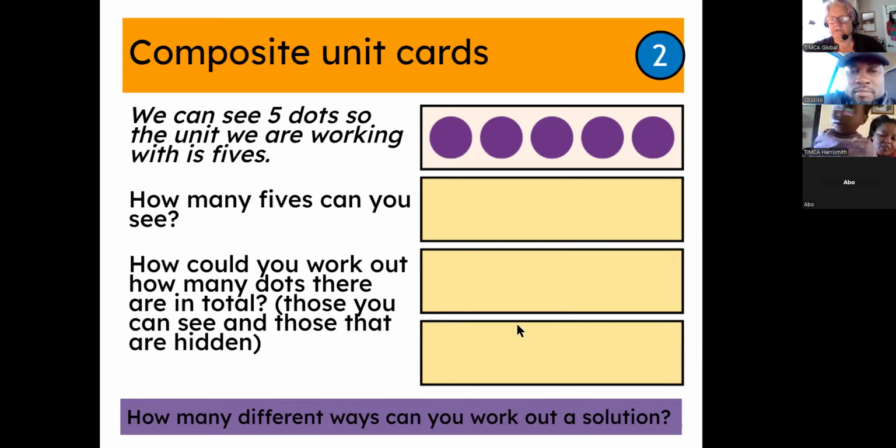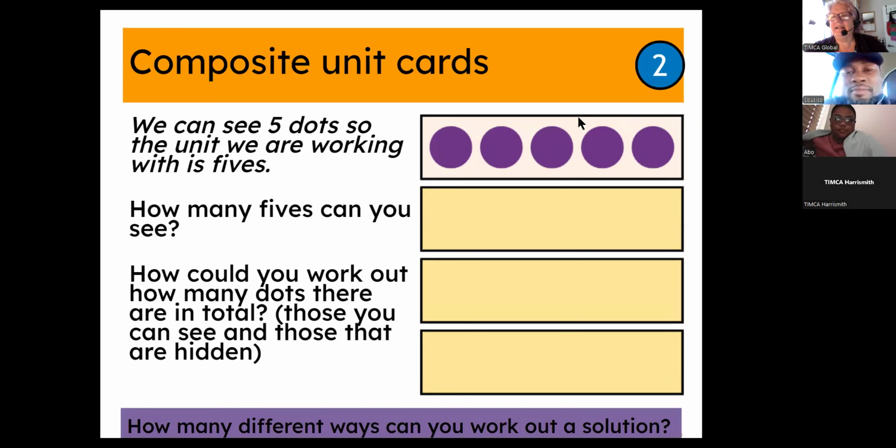I mean, you're an adult, you know the answer. But if you think like a child, are there some ways you could work it out? I'm going to stop the recording for a moment and give you a minute to think, well, obviously how many there are, but how did you work it out?